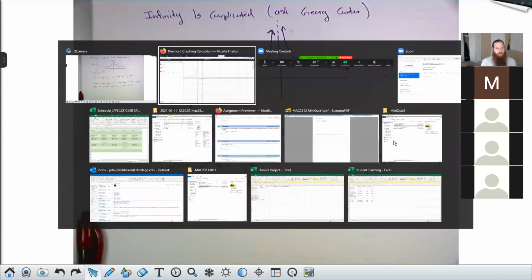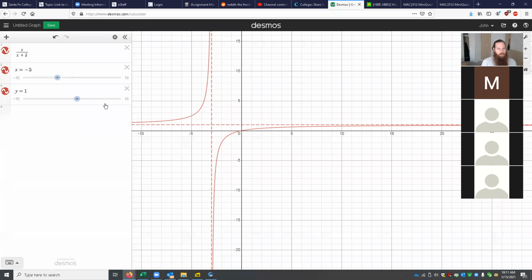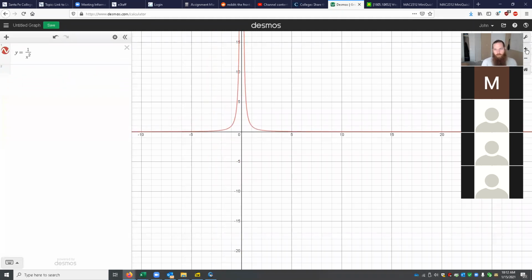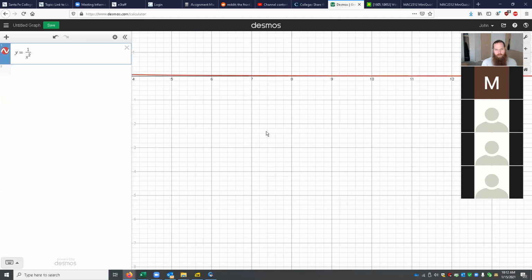Right? I can show you more of that graph, the 1 over x squared graph. But as we walk further and further to the right along the graph, y equals 1 over x or 1 over x squared, the y values get closer and closer to 0, right?